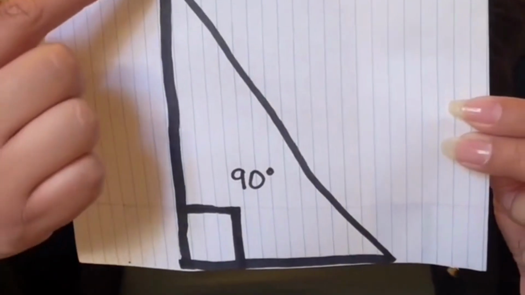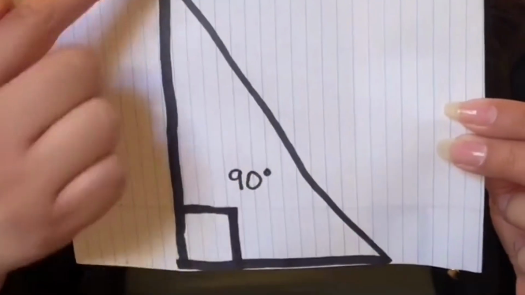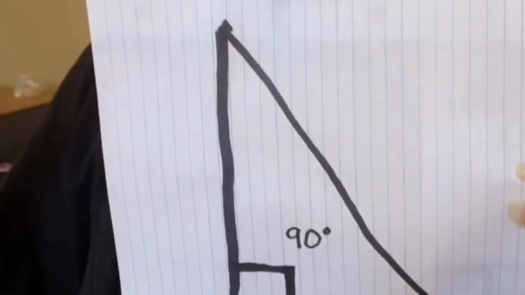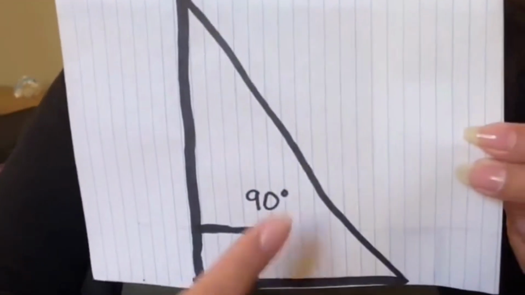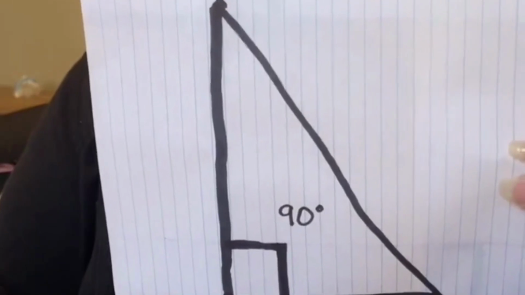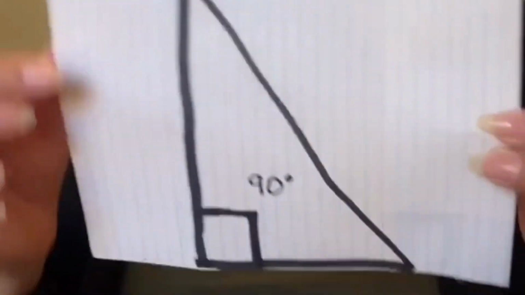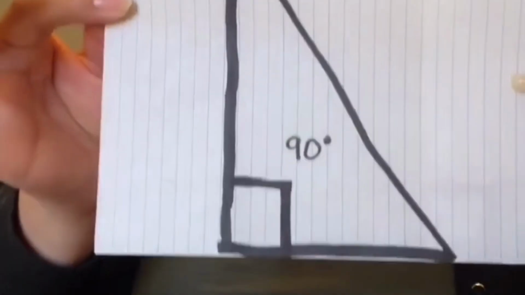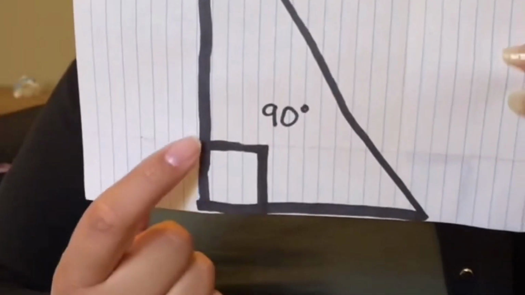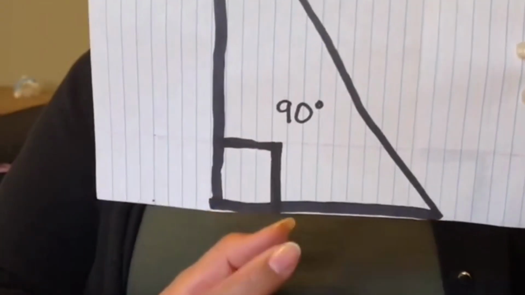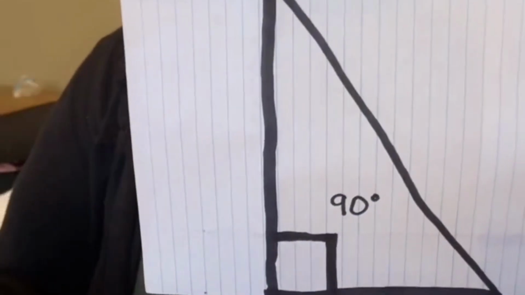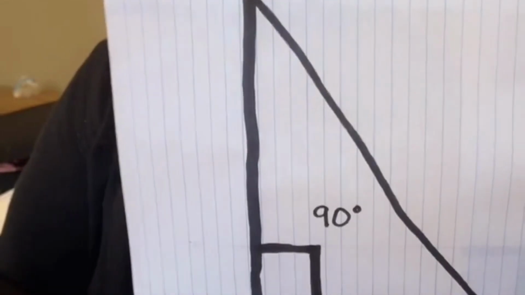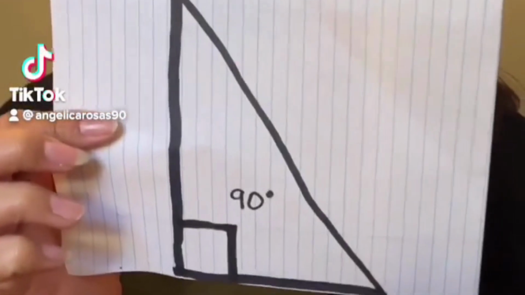So now we just have our third line here, our third side, which makes it a triangle. All right, we have 1, 2, 3, triangle. So now we have a right angle here. We created a right angle. And as you can see here as well, we also have our square, which helps us identify the type of angle.